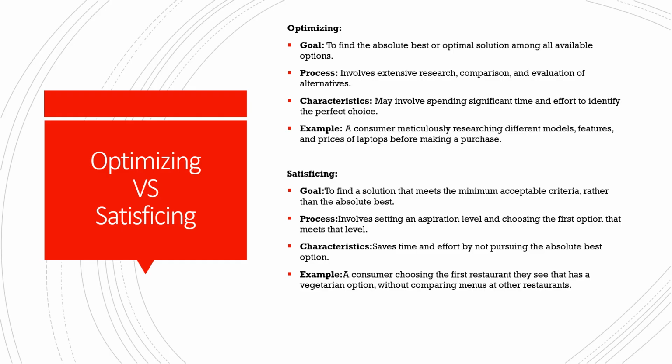So here what the consumer is trying to do is get the best possible product of the available categories. Whereas in satisfying, the consumer would not be highly involved in purchasing the product. So he would basically settle for a product or a service that is good enough or meets the minimum criteria rather than searching for an optimal solution.